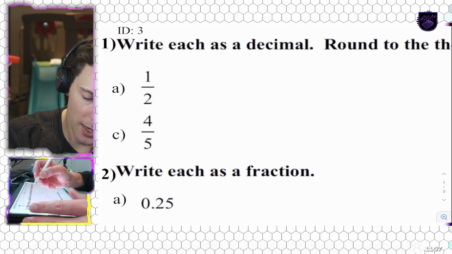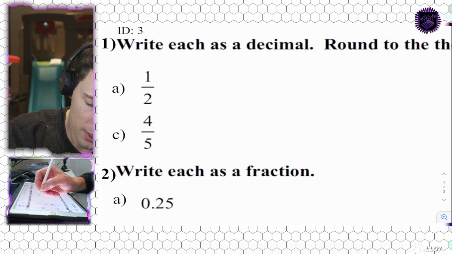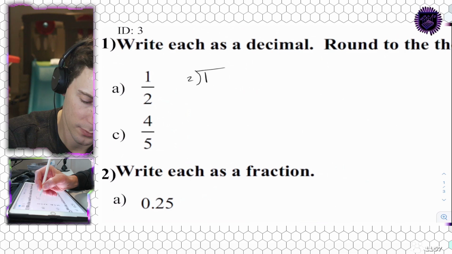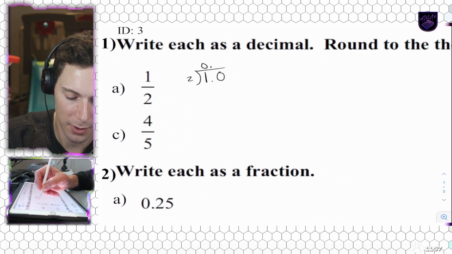Long division. Hooray! I love long division. So we'll go 1 divided by 2. Can we do this? No. We're going to have to add a decimal, add a 0. 0 is our placeholder there because it goes in 0 times. Does 1 go into 10?